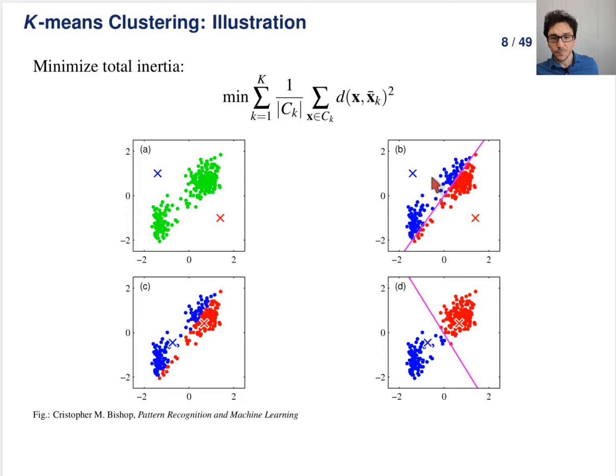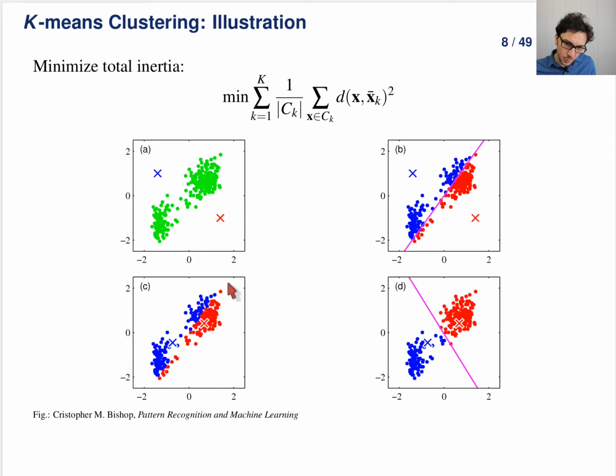Then in B, we assign each point to the closest of the two centroids. So we will have all this blue cluster here that is closest to the blue centroid, and this red cluster here. Now the clusters are these ones, and so we can recompute the centroids of these clusters.